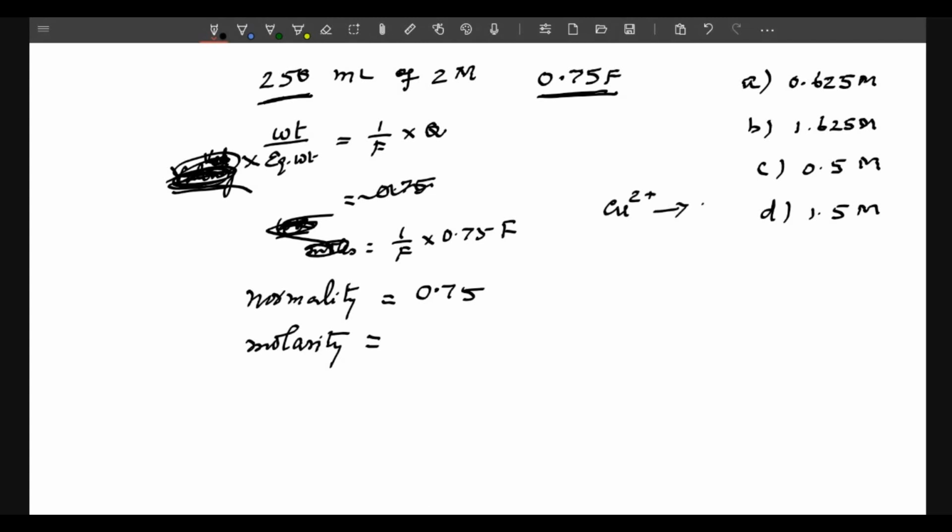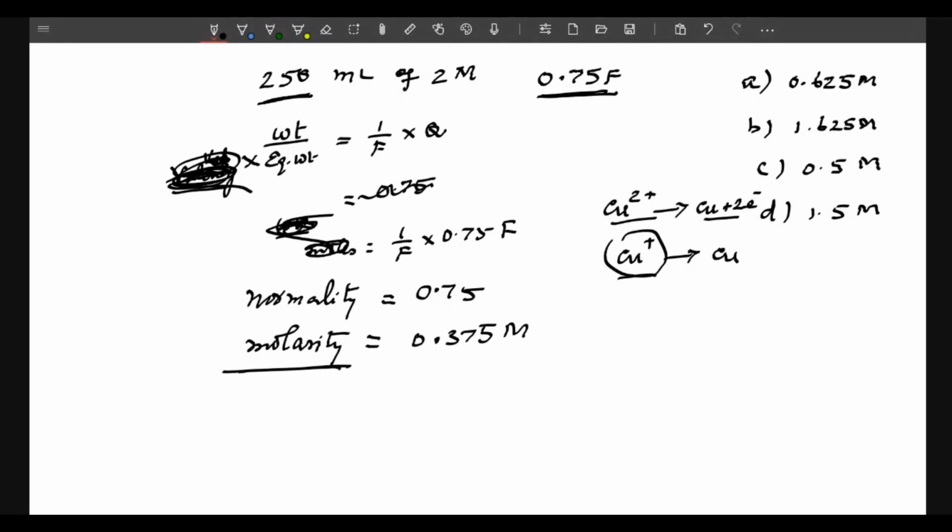Copper 2 plus is undergoing reduction to copper by gaining 2 electrons. Valency is 2. Suppose you are asked about electrolyzing copper plus, then here the normality and molarity are the same, because the valency of copper is plus 1. Here if you write this, it is 0.375 molar. Take a note of it.